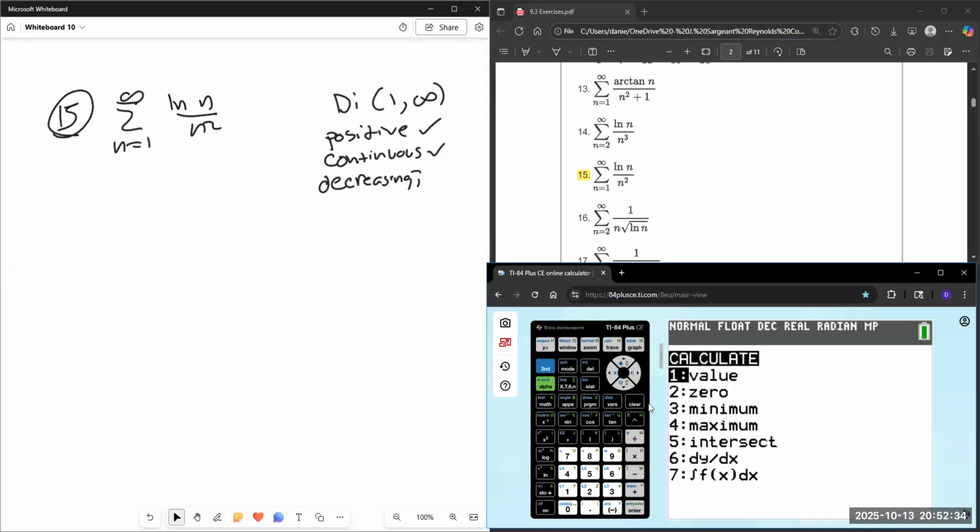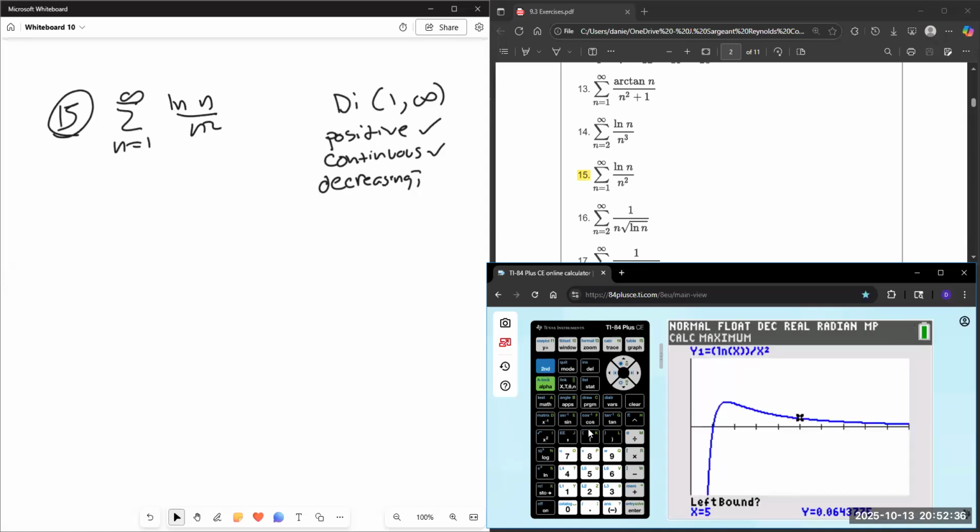So second calc maximum, and I need the next whole number past this maximum value, or the x value where this maximum happens. So the maximum happens at 1.6487224 approximately. So it's only going to be decreasing for all n greater than or equal to 2.